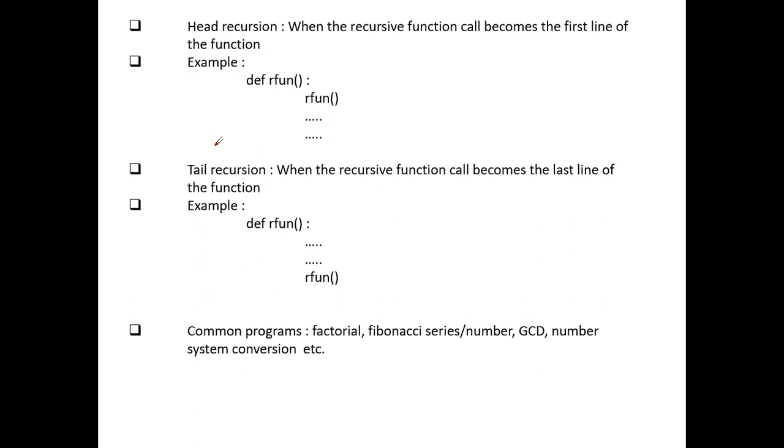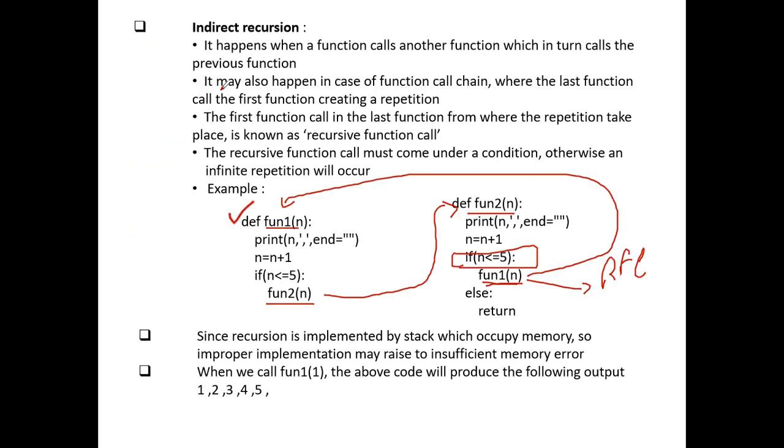Now another variety of recursion, a different way of classifying recursion techniques. One is head recursion, another is tail recursion. In the earlier discussion we identified what is called a recursive function call.